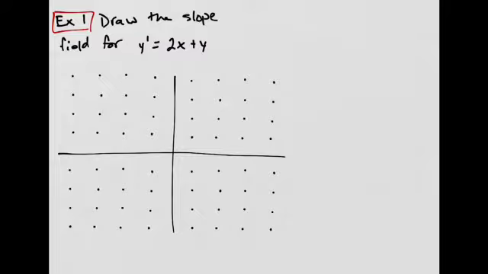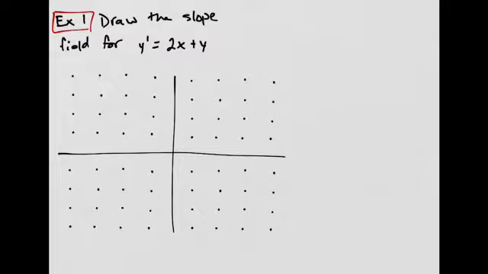I think you should do it in your head because it's super easy, but when I'm explaining, I should probably write it out. All I'm going to do is plug in x and y values, find the slopes, and draw little segments that represent those slopes. If I have a negative slope, I'll draw a negative slope. If I have a really large negative slope, I'll draw a really steep negative slope.